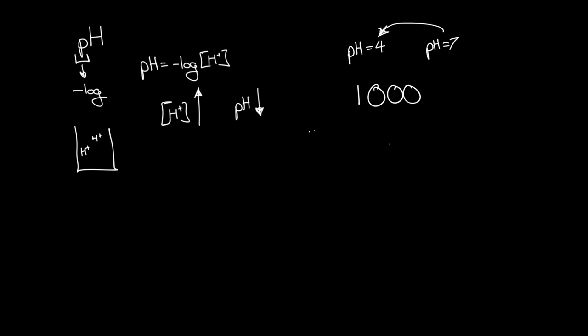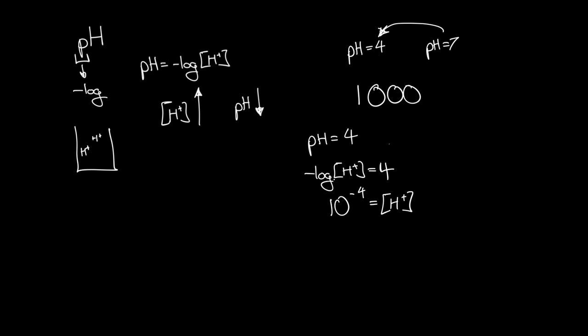If we have the pH as equal to 4, that's going to be the negative log of the concentration of H plus ions is going to be equal to 4, right? That's the same thing as saying that's 10 to the negative 4 is equal to the concentration of H plus ions.